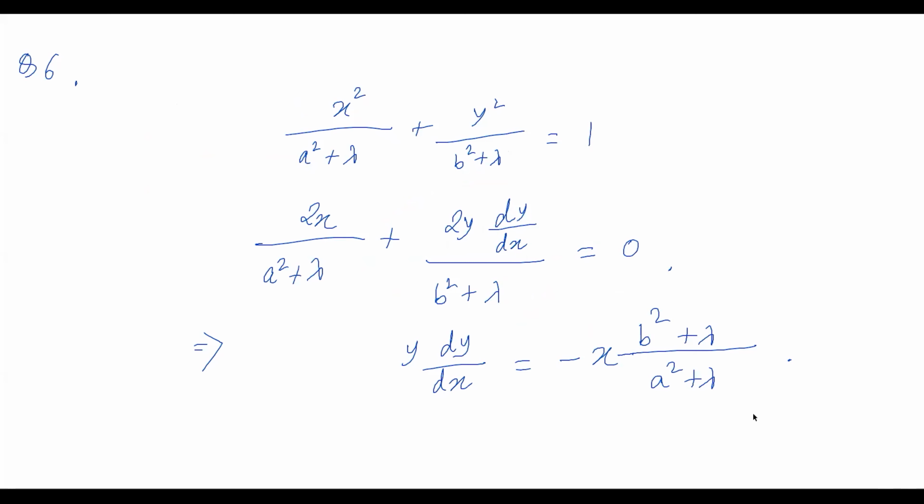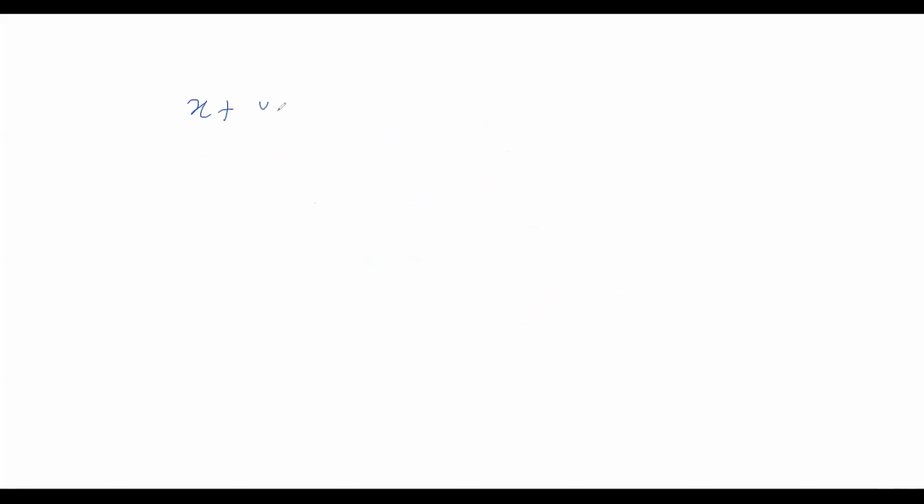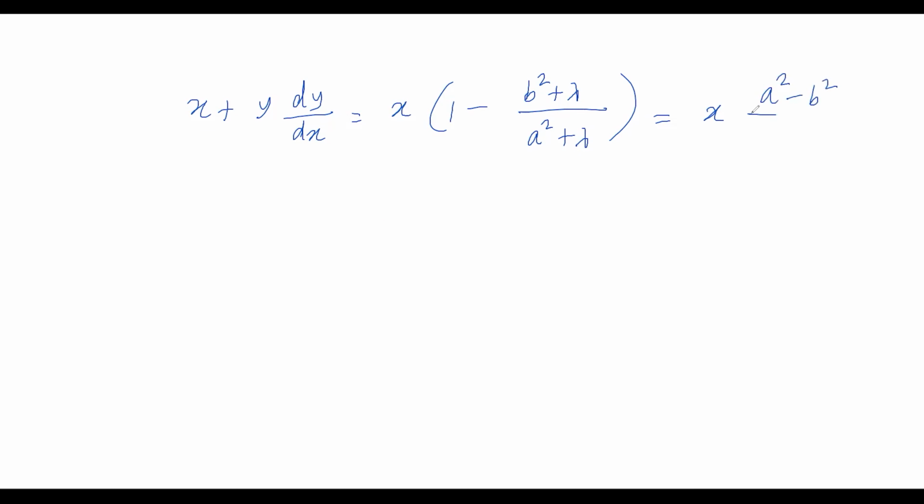So if I add x with y dy by dx, I'm going to get x times 1 minus b squared plus lambda by a squared plus lambda, and if you just simplify, it becomes x times a squared minus b squared by a squared plus lambda.